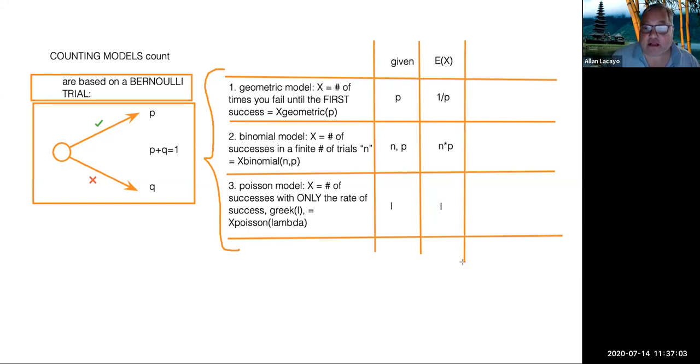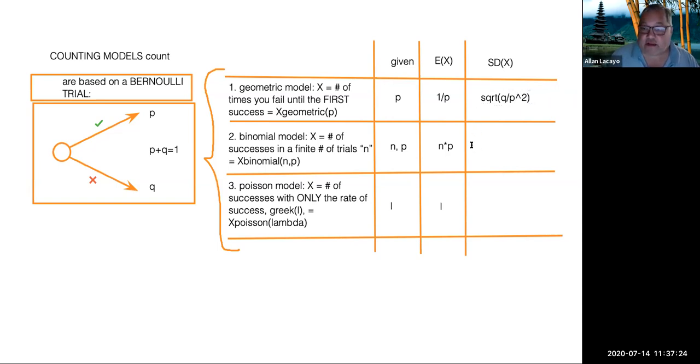And then to calculate the standard deviation in these models, in the geometric case you take the square root of Q divided by P squared.